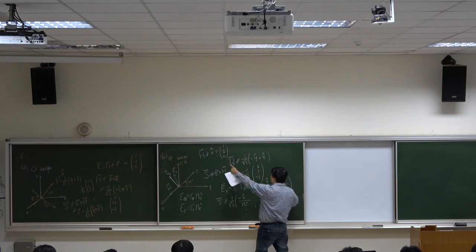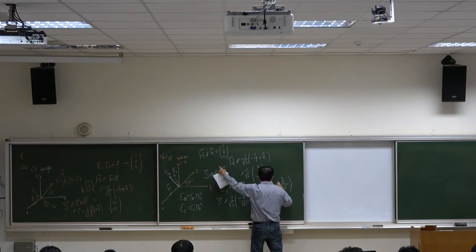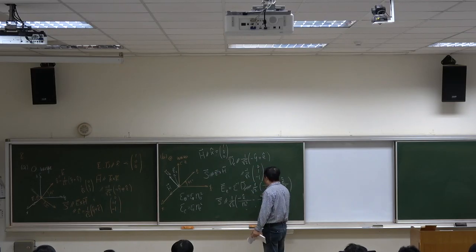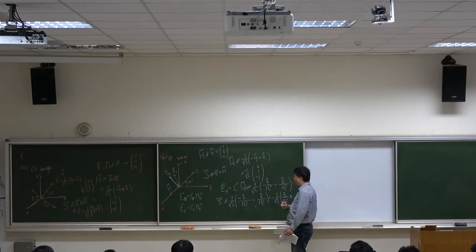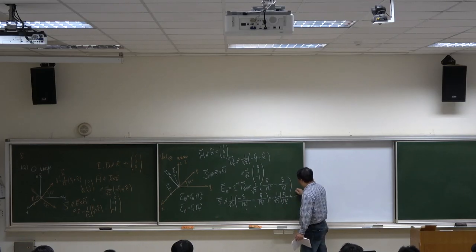Minus Z cross X gives us minus Y. So this means y over ne squared plus z over no squared.